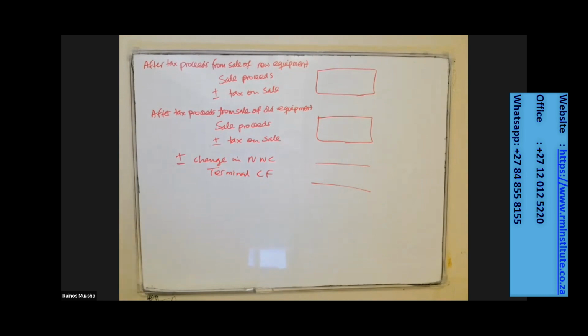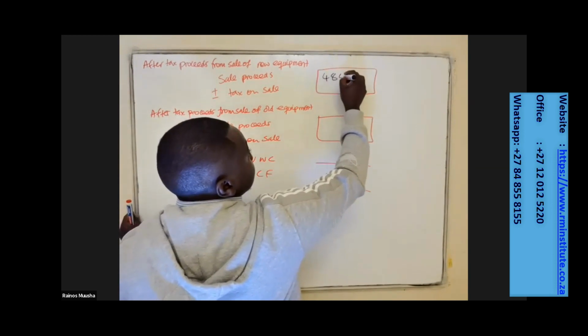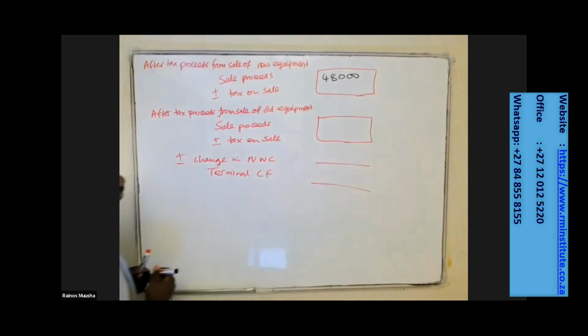Now, if you check on the new equipment, they tell us that we are going to be able to sell this new equipment at a scrap value of 48,000. So our sale proceeds for the new equipment is going to be equal to 48,000. Remember, at the end of the 4 years, the new equipment is going to be fully depreciated.